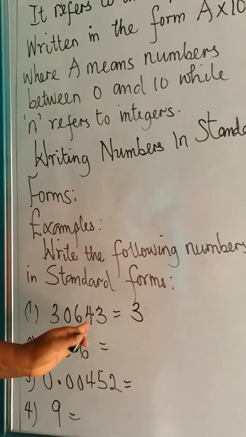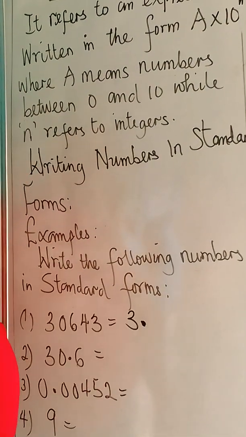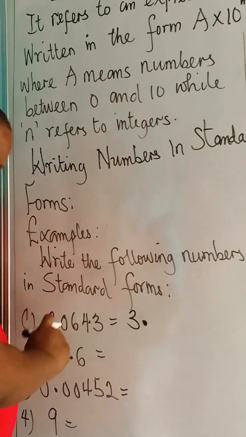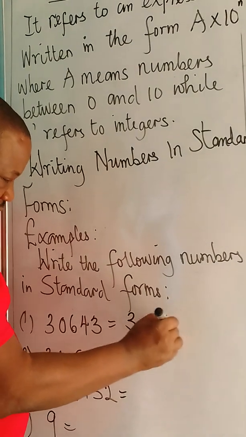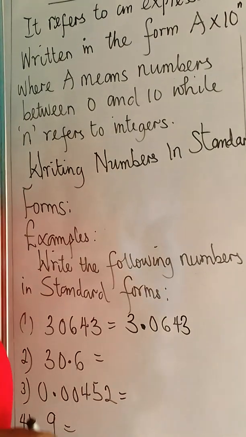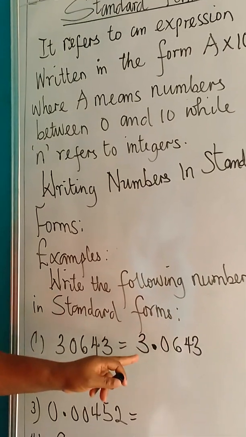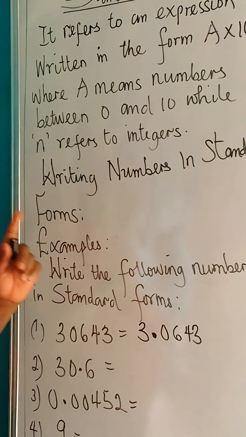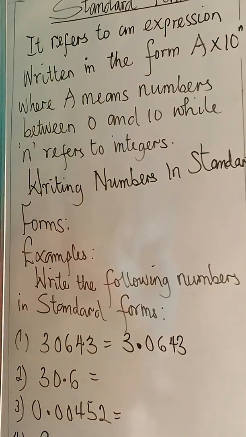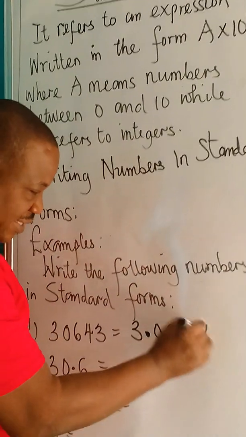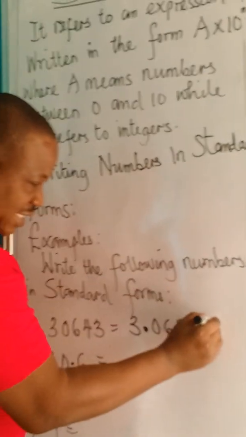Then we have to separate this expression with a decimal point, and you write out the rest of the numbers, which are 0, 6, 4, and 3. So in this context, we are referring to a, where 3 is that first significant digit as referred to by the definition. Then times, according to the definition, 10.